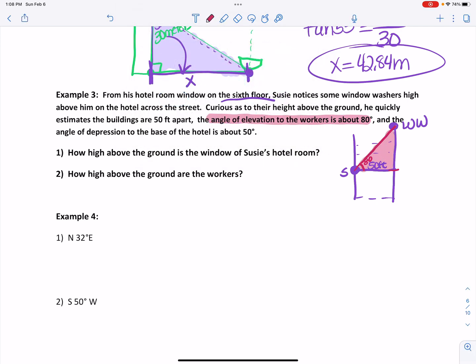I could find out how tall they are from there, because can't I say the tangent of 80 equals x over 50? So I'm going to do 50 times the tangent of 80. And my answer for x is 283.56.